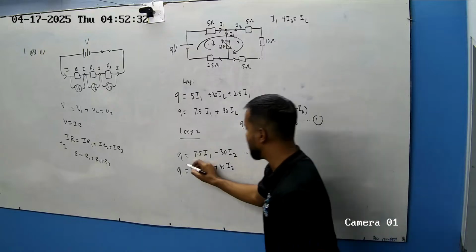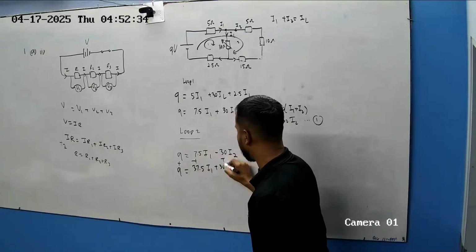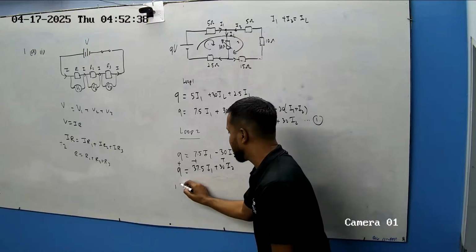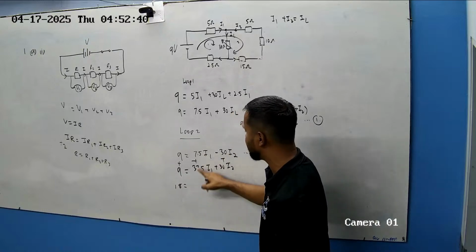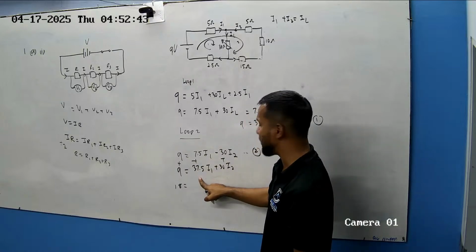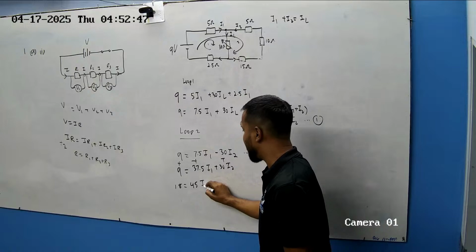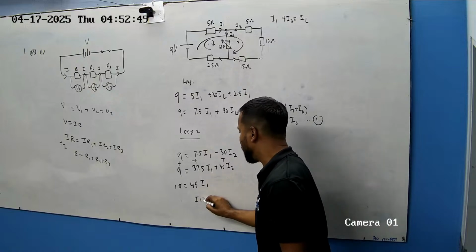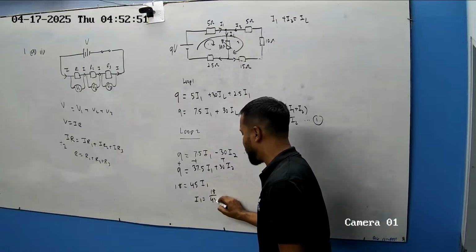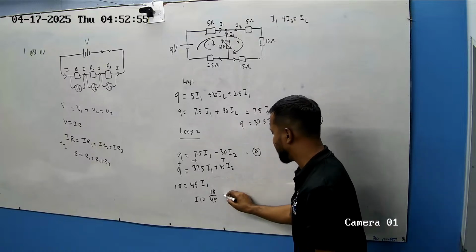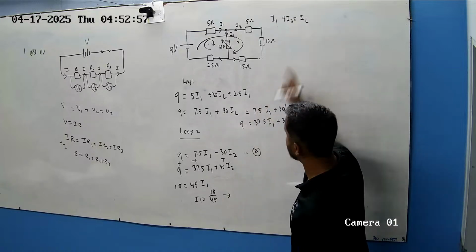Let me see if I add it. This is 0, I got 18. 18 is equal to 7.5 plus 37.5, how much? 45 I1. So I1 is 18 over 45. The question didn't ask for that, I just worked it out. So that will help me find IL.